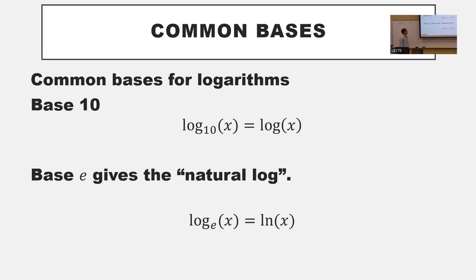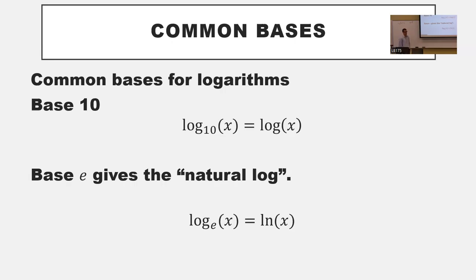And if you have a logarithm base e, that's written as ln of x. That's the natural log. Some people ask, well, why is it ln instead of nl?